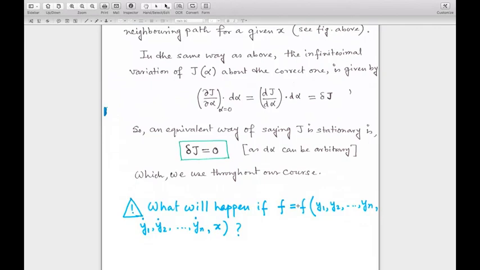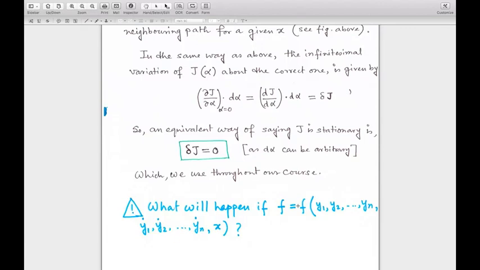The whole methodology is to find a function y of x for which another quantity, which is f, of course y dot is there, but once you know y of x you can easily calculate y dot of x. The aim is to find the proper y of x so that J, the integration of f dx, has a stationary value.